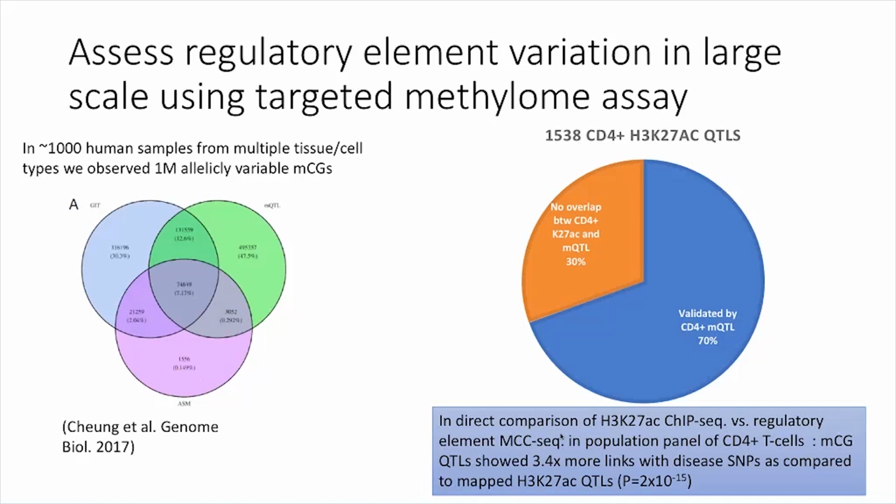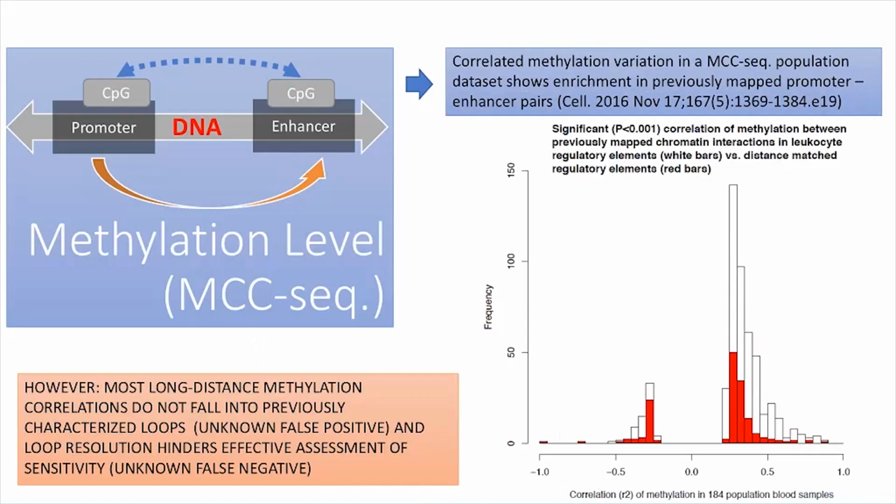But the question is, can we use that in inferring physical interactions in the genome? So we used data from a separate study published for human immune cells on promoter capture Hi-C, and looked at whether the CpG correlations in independently verified loops showed more correlation than background.